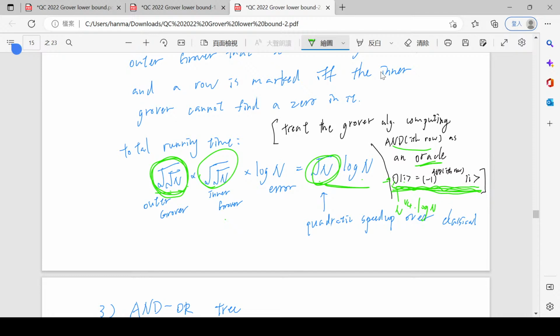So you multiply everything through, and the total query is square root n times log n. So we also have a quadratic speedup over the classical algorithm, but we have this weird log n factor because of error. We'll argue next time that you can get rid of this log n factor.